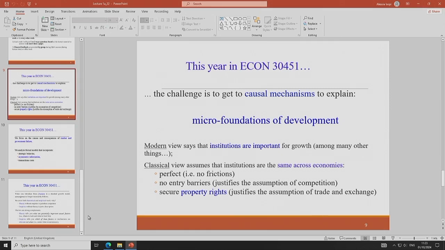Now, if you had asked me or any development economist that question, probably in the 70s, they would have assured you, well, if you think about a generic production function, the problem of why some countries do not grow is actually due to the lack of capital.